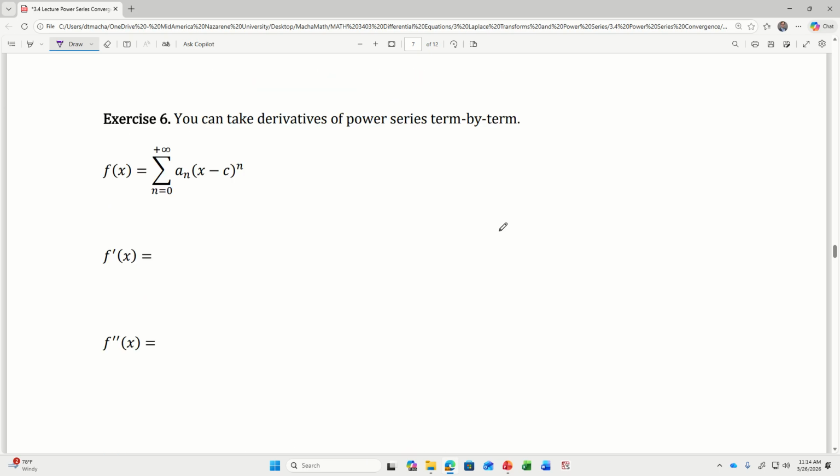You can take derivatives of a power series term by term. And so if I had a function that's defined by some power series and I want to take the derivative, it's actually pretty easy. You could just look at every single term individually and do the derivative power rule. Like, what's the derivative with respect to x of an times x minus c to the power n?